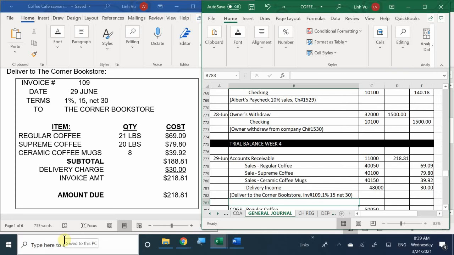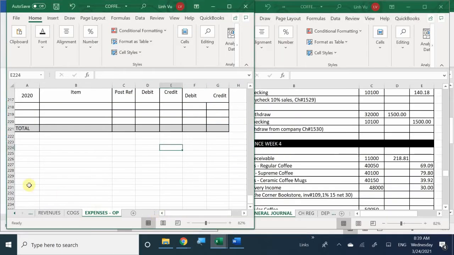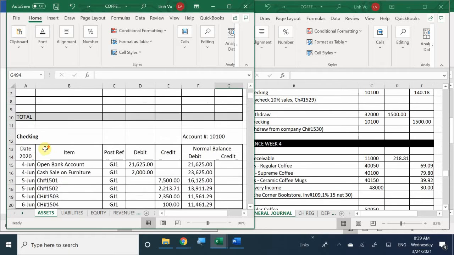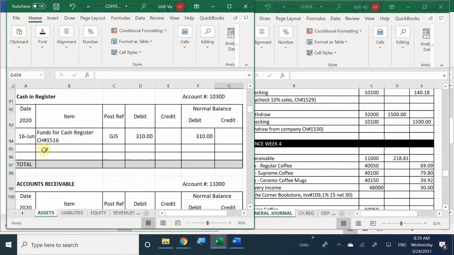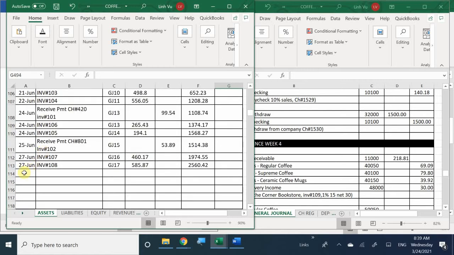The ledger. Okay, so now we're going to be entering our numbers here. Starting off with our assets, we're going to dive right into our accounts receivable. So here we are, 629, and we are on invoice number 109.